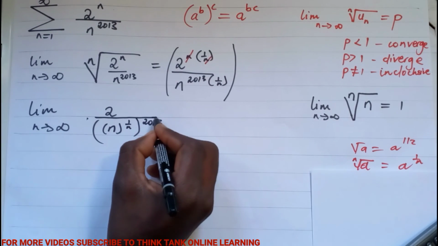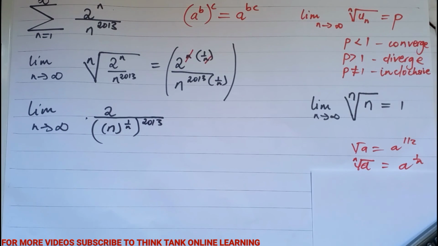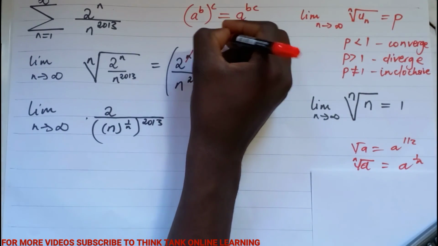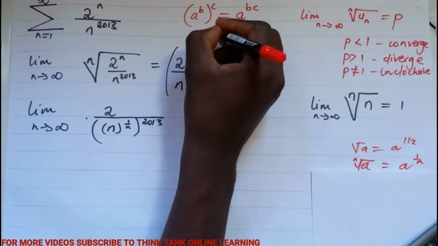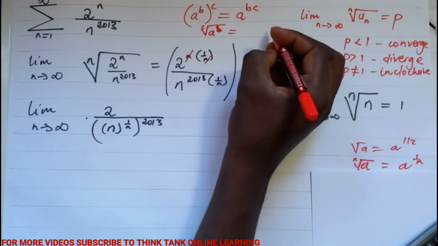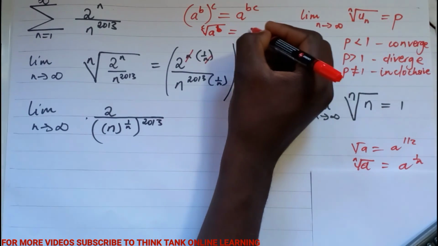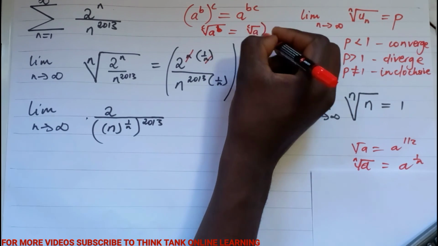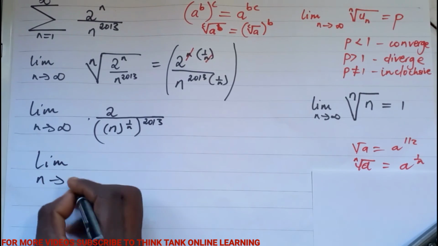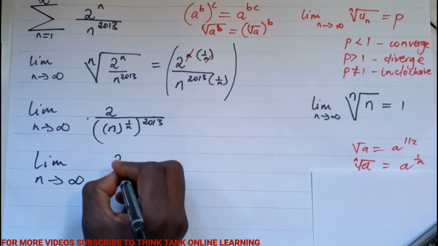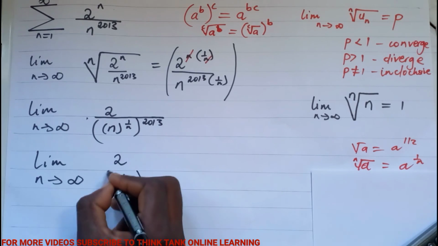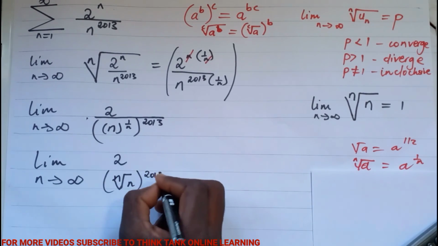Like this, let's say if you are given a to the power b, and you have c, this is the same as saying the c-th root of a to the power b. So limit as n approaches infinity of 2, over the nth root of n, to the power 2013.